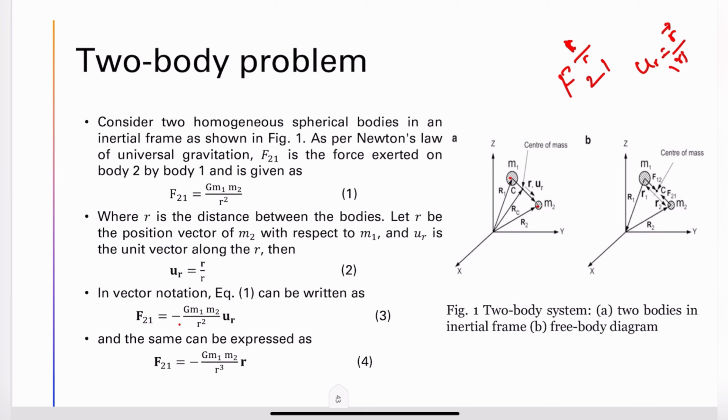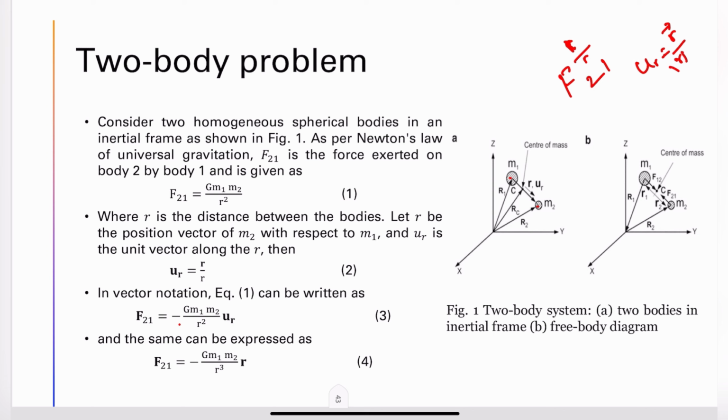Here I am going to introduce a negative sign in this equation because the force between them is attractive in nature. I am taking F21 as negative because my r vector is pointing in this direction, but the force exerted on m2 by m1 is in the opposite direction. So because of which I am making F21 a negative vector.